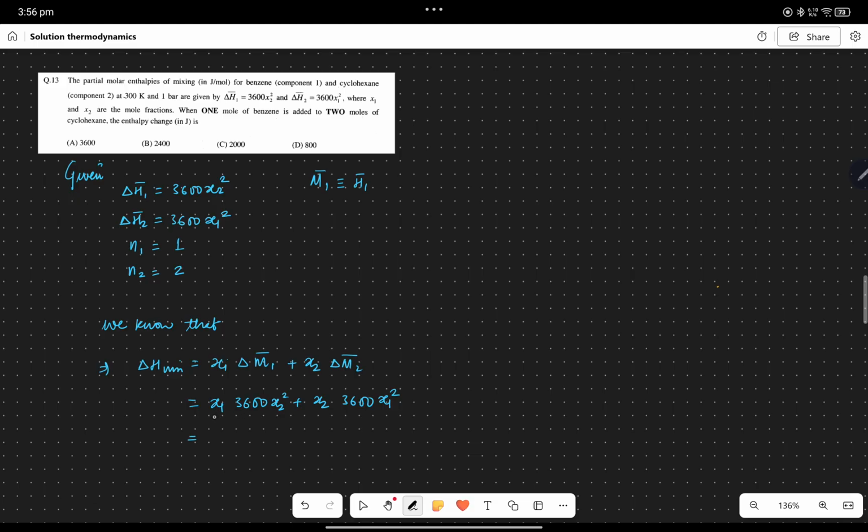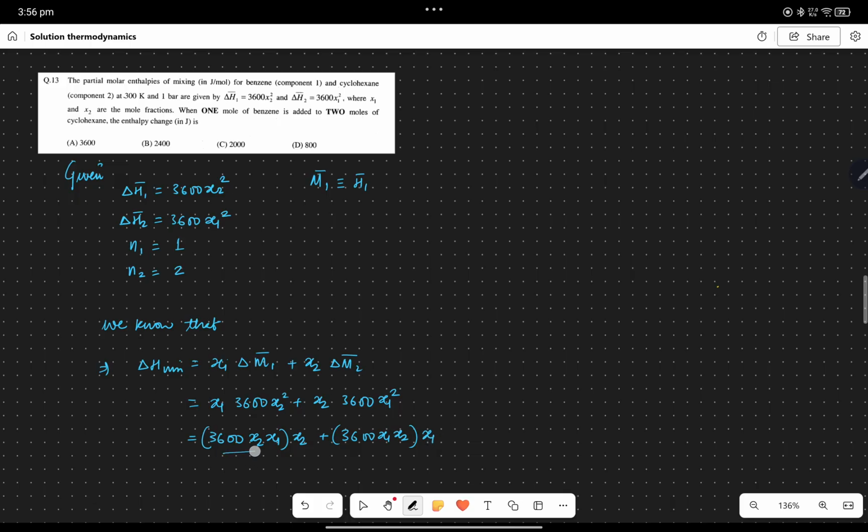To make the calculation easy, we have to use our mind a little more, and we are going to get it as follows. We write 3600 x1 x2 in a bracket times x2, plus 3600 x1 x2 in a bracket times x1, right?